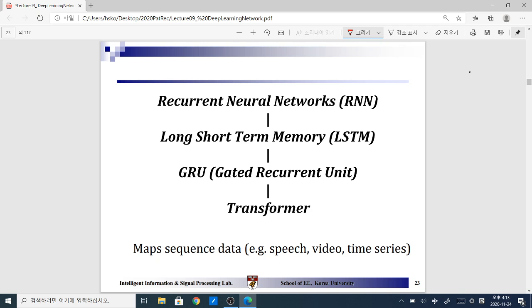Now what I want to do is to talk about RNN, which is also known as a recurrent neural network. The advanced form of RNN is the LSTM, or the long short-term memory, which solves the vanishing gradient problem, or vanishing or exploding gradient problem. It's either vanishing or exploding, but typically it is the vanishing gradient problem.